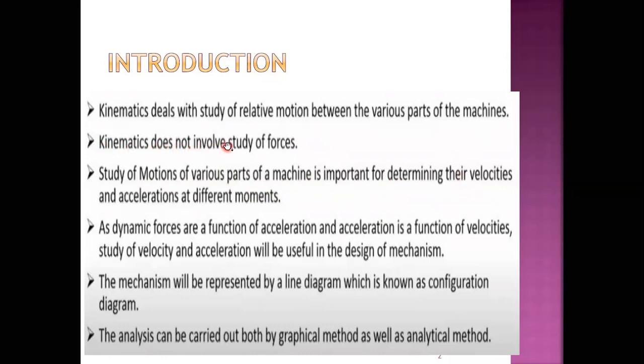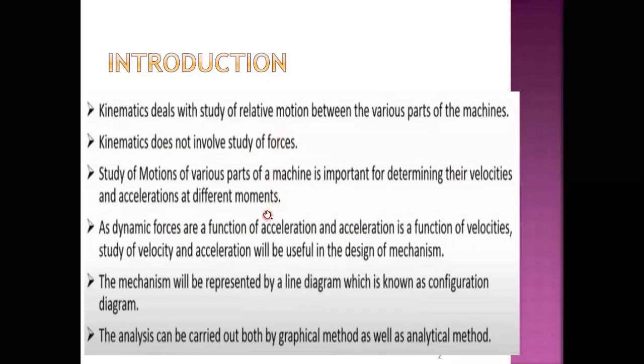So that's what they're saying. Kinematics does not involve any study of forces, as dynamic forces are a function of acceleration and acceleration is a function of velocity. Study of velocity and acceleration will be useful. In order to find the forces, you should know the velocity as well as mainly the acceleration, because according to Newton's second law, F is equal to m into a, where m is the mass and a is the acceleration.